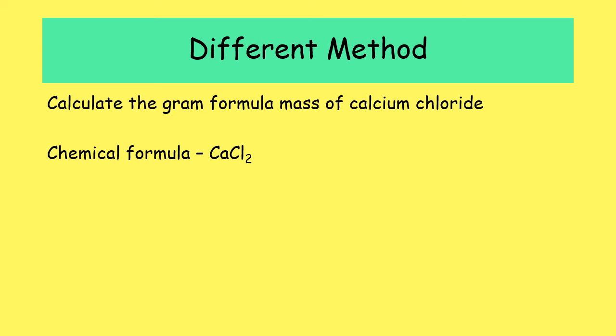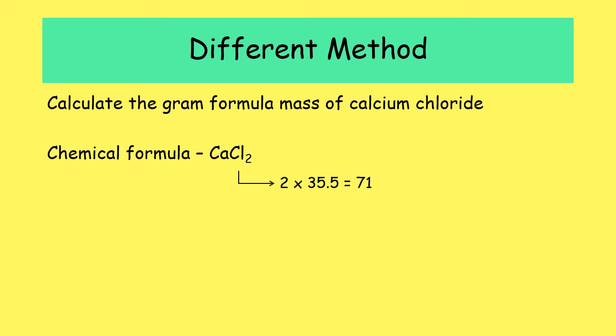Now there is a different way of setting this out, which takes a bit less space, and is a method I would only use if I was very confident doing this. You draw an arrow from the element, and then you say, for chlorine, so we've taken an arrow down from chlorine and across, and there are 2 chlorine atoms.